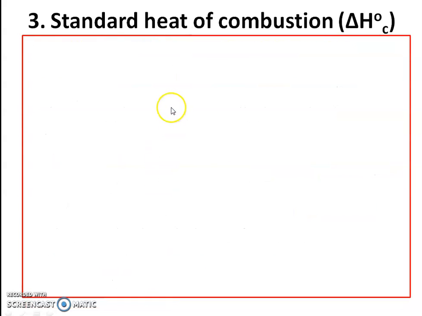Now the next term is standard heat of combustion. Combustion means burning of a compound in excess of oxygen or air. This is called combustion. During the combustion process, there is oxidation of any organic compound or any substance, and for oxidation there is a need of oxygen.